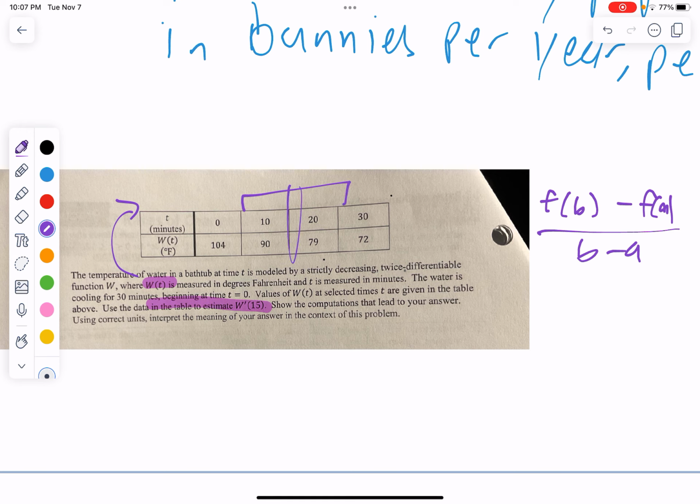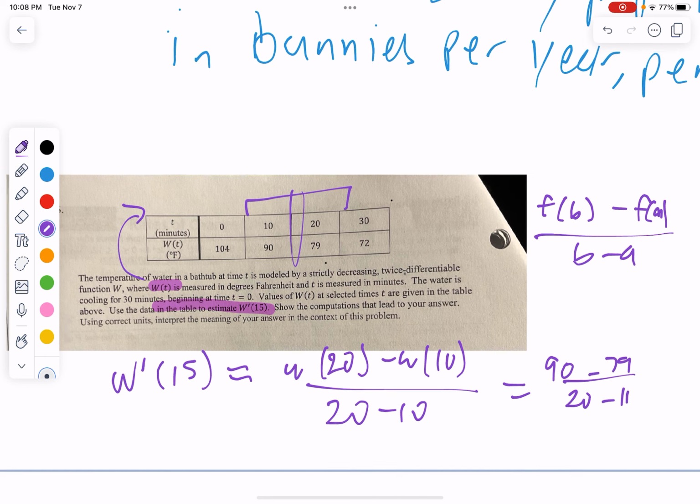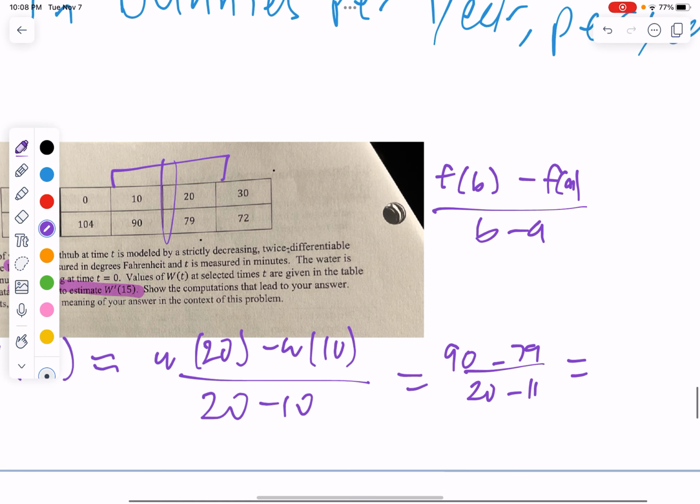So we say W'(15), and don't forget to write what it equals, free floating work gets no credit, is approximately W(20) minus W(10) all over 20 minus 10, which is 90 minus 79 over 20 minus 10.